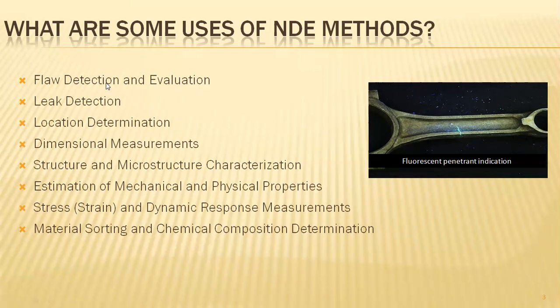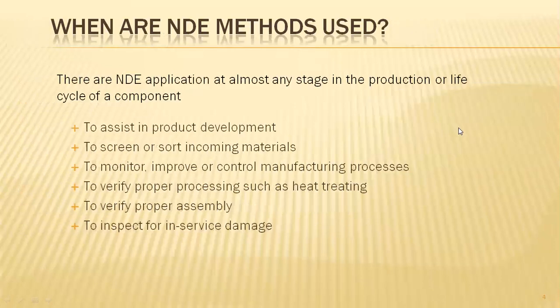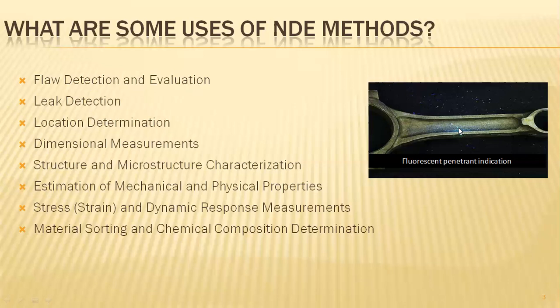Flaw detection: we have already verified that flaws or cracks may be internal or external. Here in the pictorial representation, it clearly shows that there is a flaw in the surface of this particular spanner.